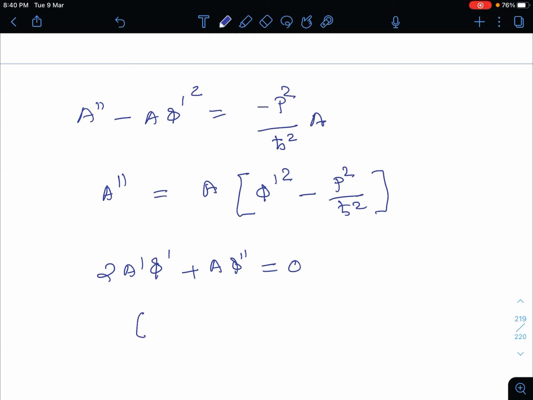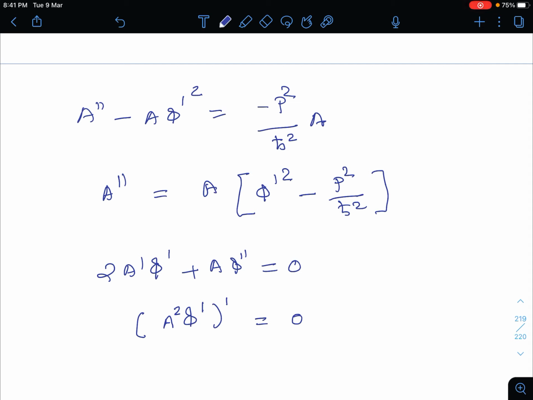This equation I can write as a square phi dash dash is equal to 0.